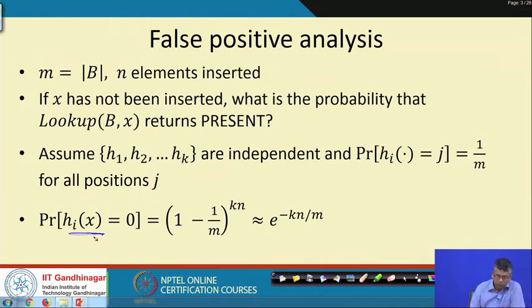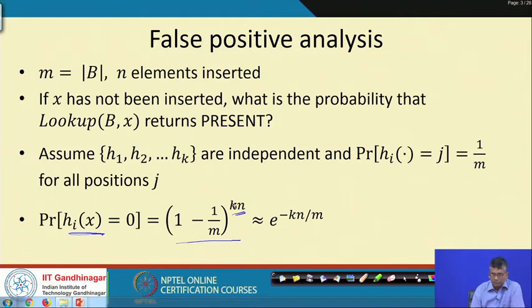What is the probability that this bit is still 0? If this bit is still 0, the only way it could happen is that all the k n insertions that have happened until now have happened in the other m minus 1 positions. None of the k n insertions until now have tried to turn this bit on, and the probability of that event is 1 minus 1 by m to the power k n.